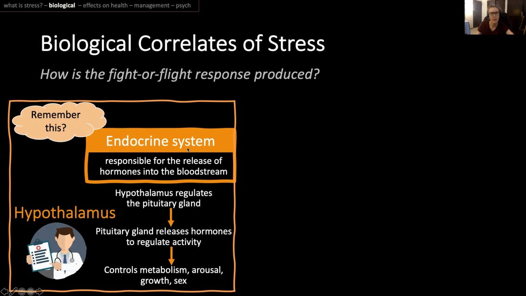So not just the neural system, which is all of your brain and spinal cord, but the endocrine system, which is involved in releasing hormones into your bloodstream and getting these fight or flight responses to occur. We talked briefly about how the hypothalamus regulates that pituitary gland, which we just saw in that image before this. It tells the pituitary gland to release different hormones depending on what the need is of that particular stimulus. And those hormones can then control things.